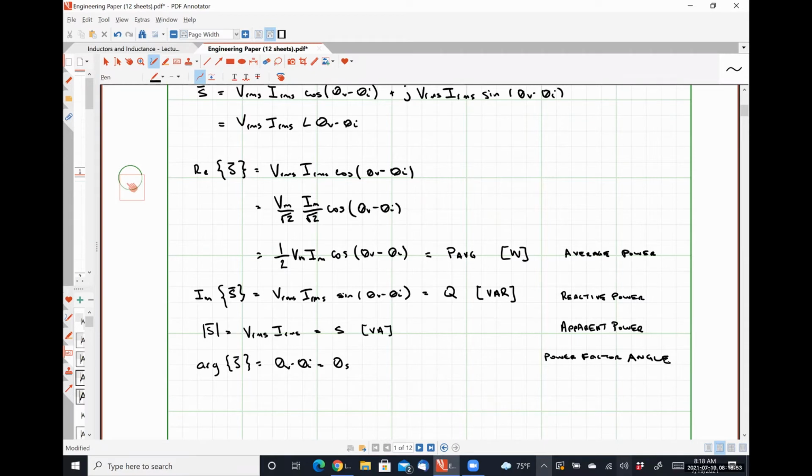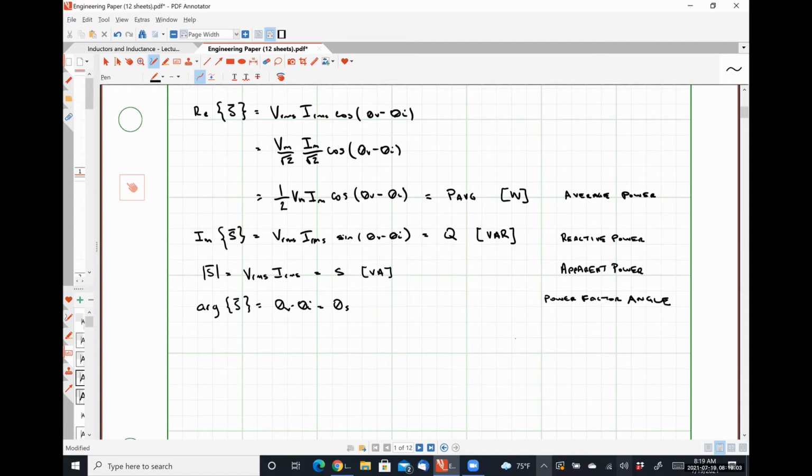All right. So since theta S, or the difference in those phase angles, is called the power factor angle, it probably makes sense to go into some detail about what the power factor is.